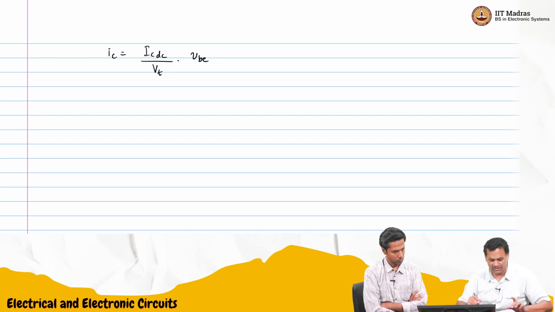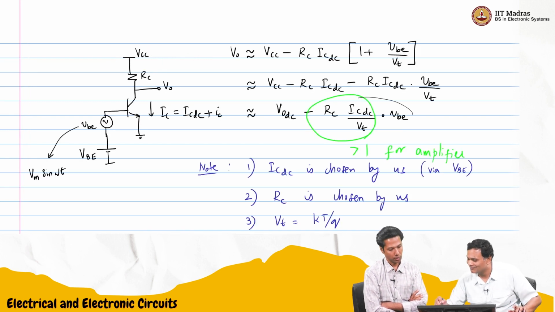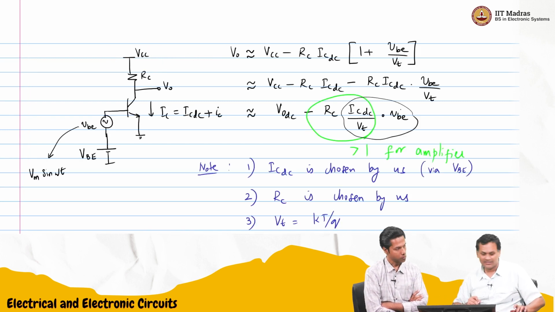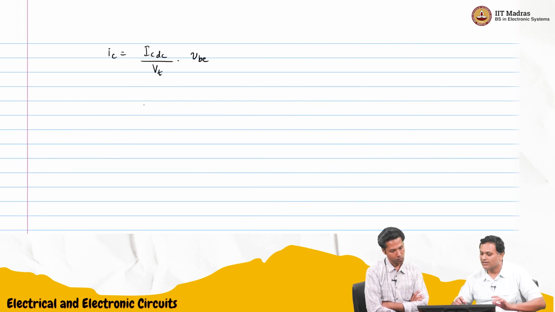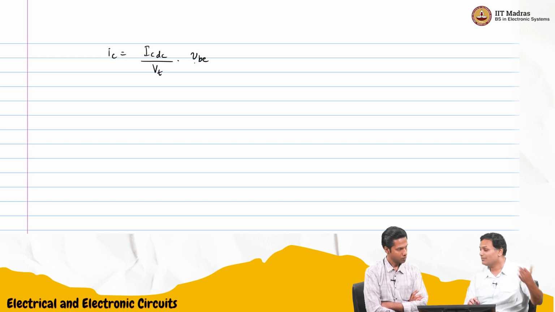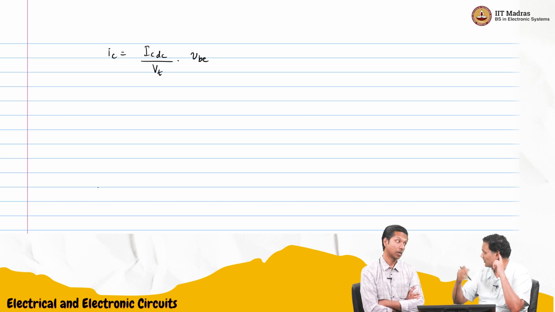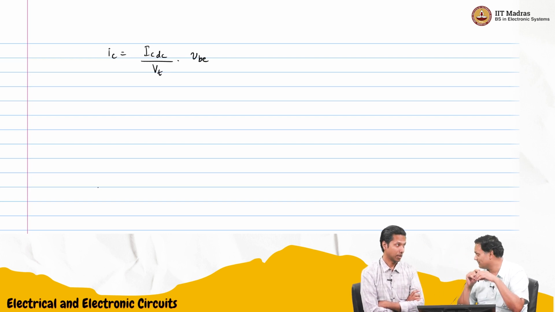That is this portion. So the collector current is some conductance times the base emitter voltage. But the base emitter voltage we are giving from the input, and the collector is close to the output, on the collector side.